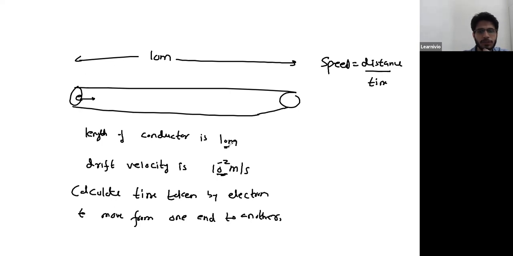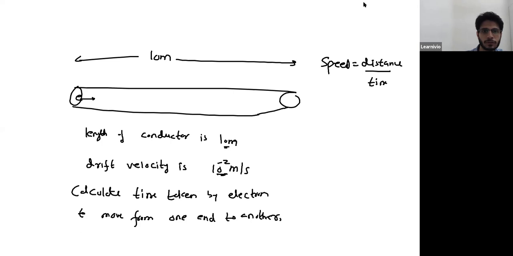It's simple. Speed is distance by time. So the distance that the electron will cover is equal to the length of the wire. The velocity is 10 raised to the power minus 2. Fatima and Afroza, if you can't calculate, just tell me.